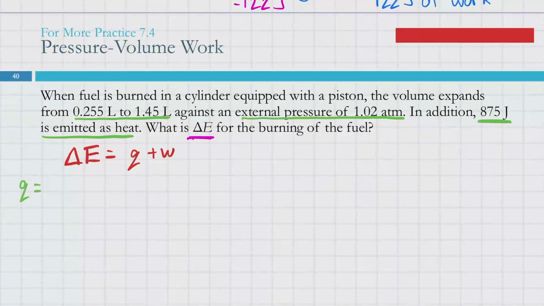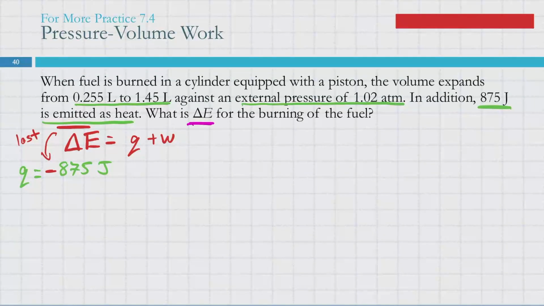So Q equals 875 joules. We need to ask ourselves, is it a positive or a negative value? Negative value. Why is it a negative value? It's being emitted. So since the heat is being emitted, that's heat that's being lost. So our Q value is negative.